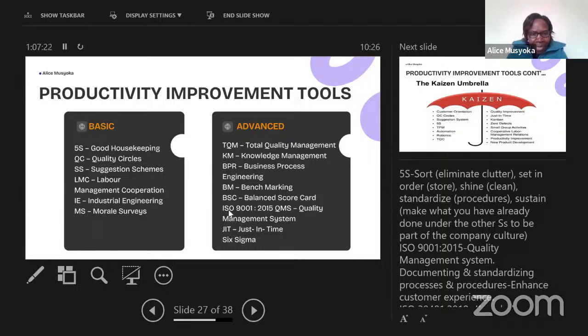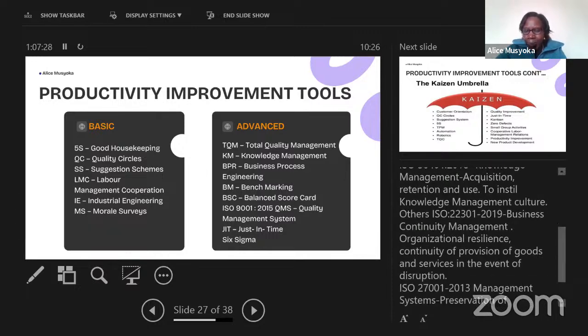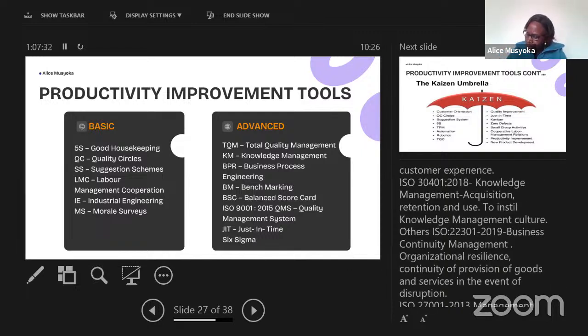Then we have BSC, which stands for Balanced Scorecard. I think most of us are familiar with that. And I believe we are also familiar with the perspectives for the Balanced Scorecard. We have financial perspective, business processes, customer, and organizational learning.